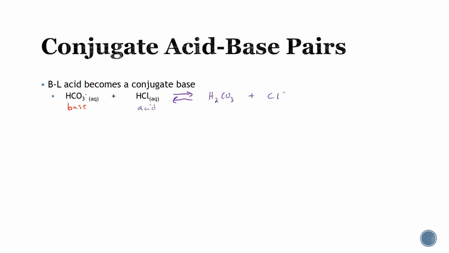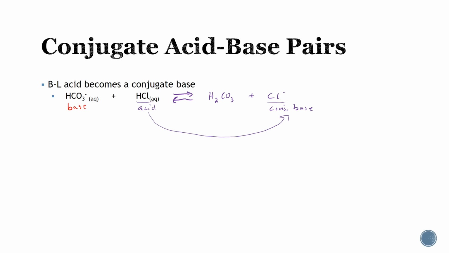Okay, so here is my original acid, the hydrogen chloride, and I know that because this is the compound that lost the hydrogen. On the other side, we're left with this chloride ion, so this would be my conjugate base. So this acid is connected to this conjugate base.